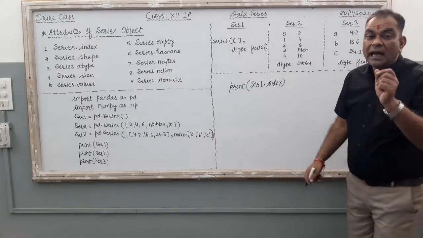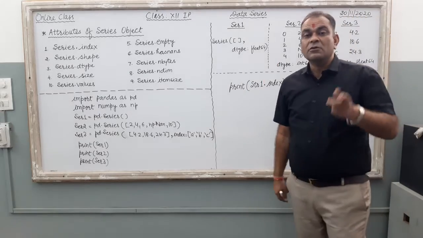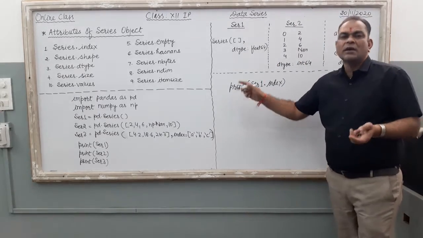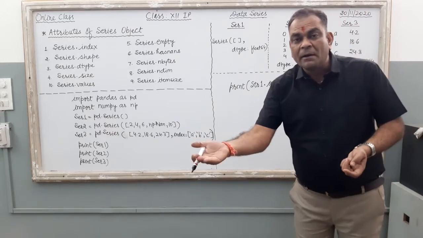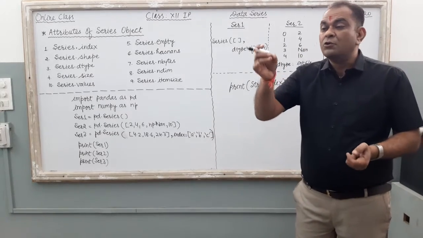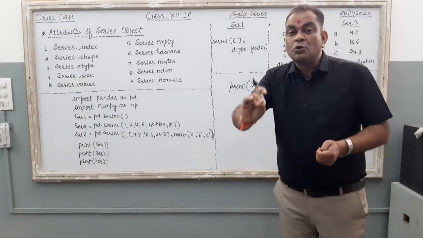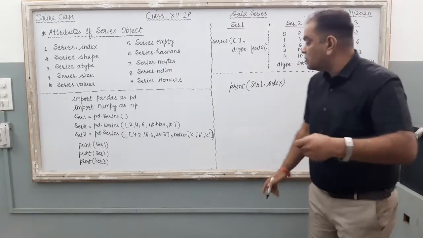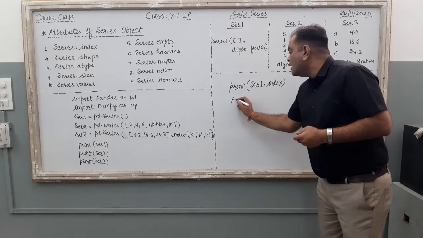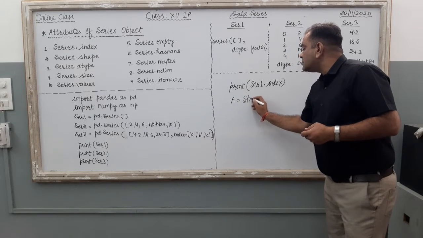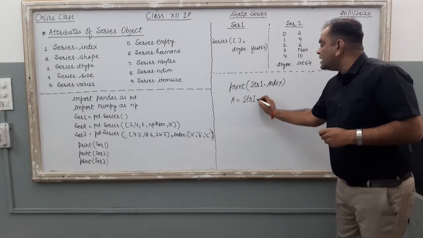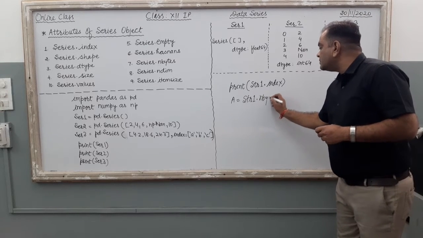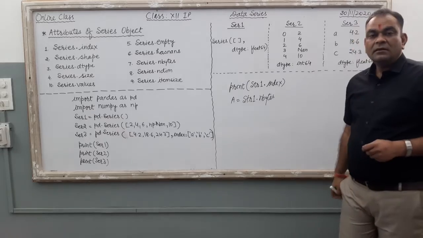Just see how you can execute these attributes in Python pandas, right? Write the print command. You can use the attribute with the print command, and you can also store the attribute value in a variable, such as a equal to str1, which is my series object, and then I apply dot nbytes, right?